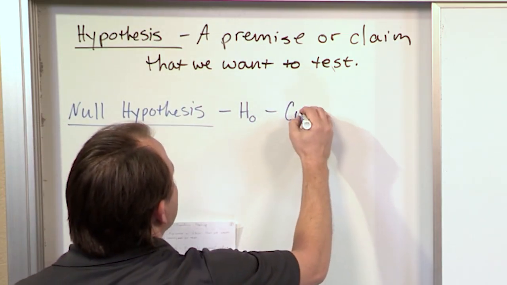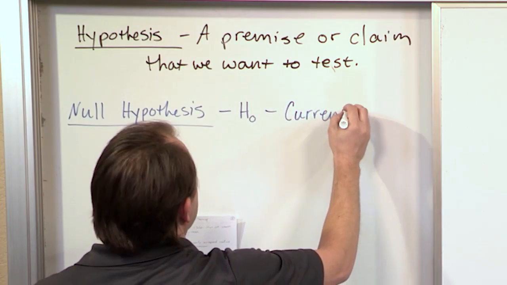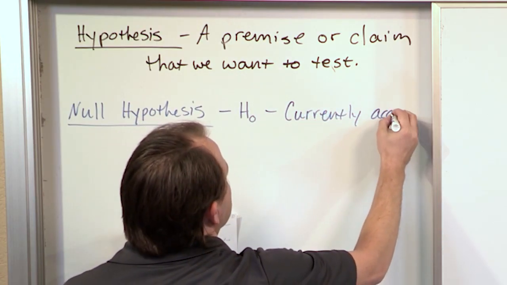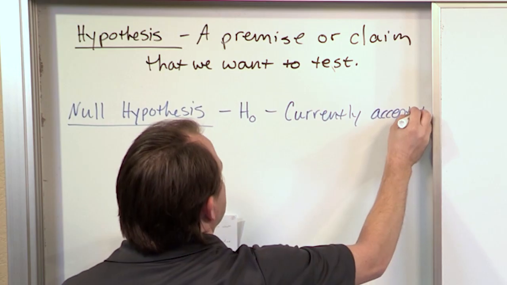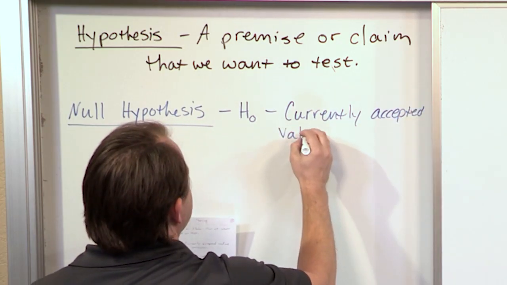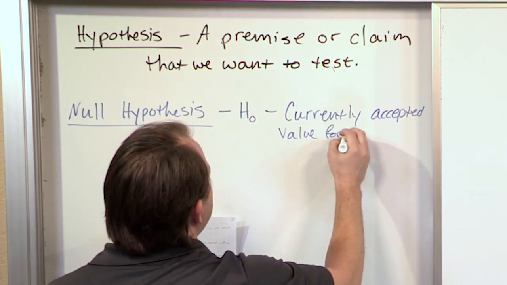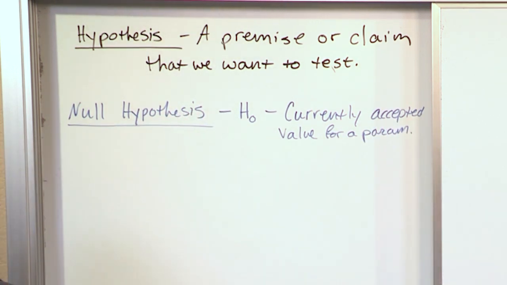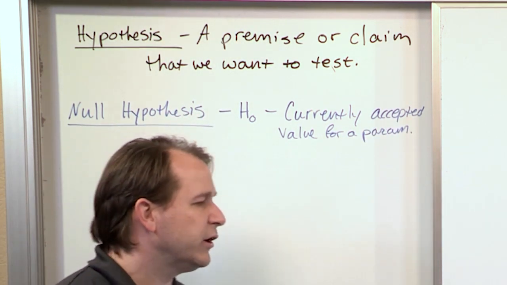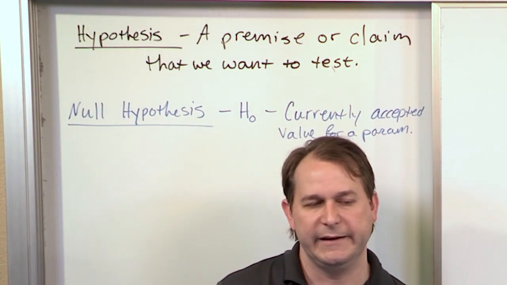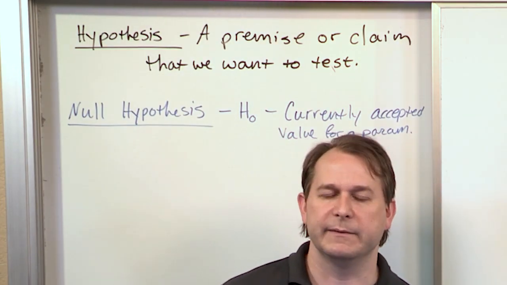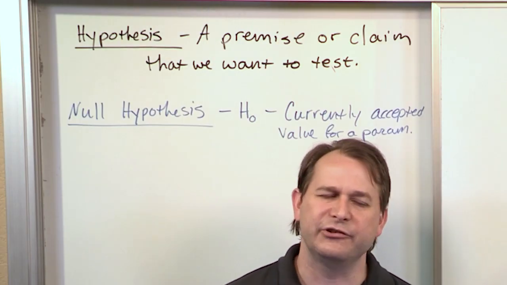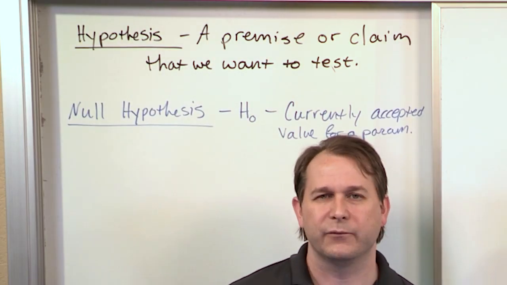What this is, is the currently accepted value for a parameter. So don't forget though, what we're doing is we're investigating something. So when we're looking at a parameter of a population, maybe the mean of the IQ or something like that, we're going to have some currently established thing, typically, right?